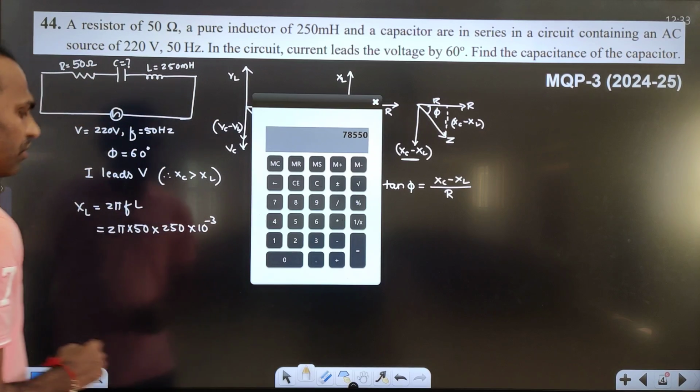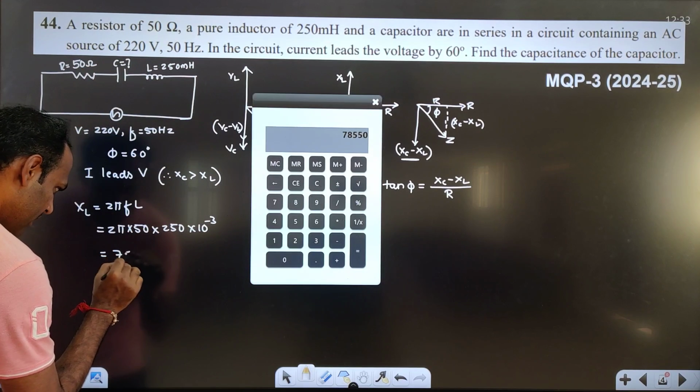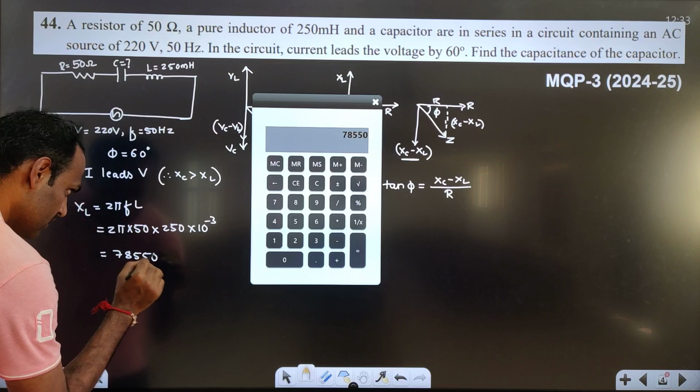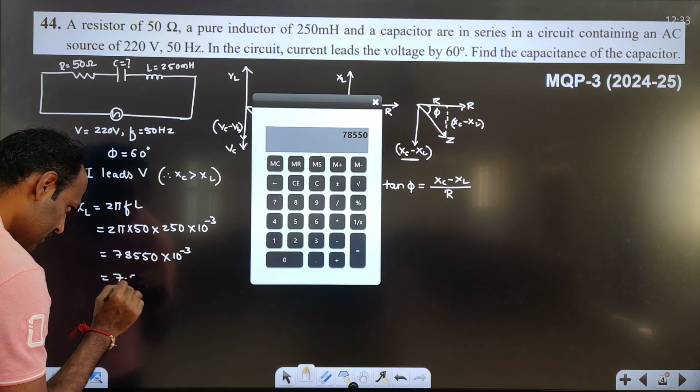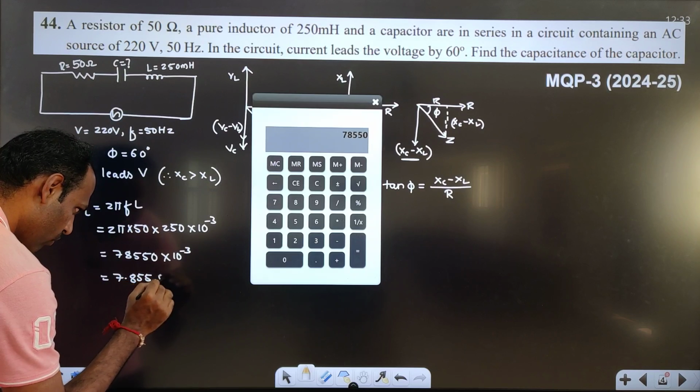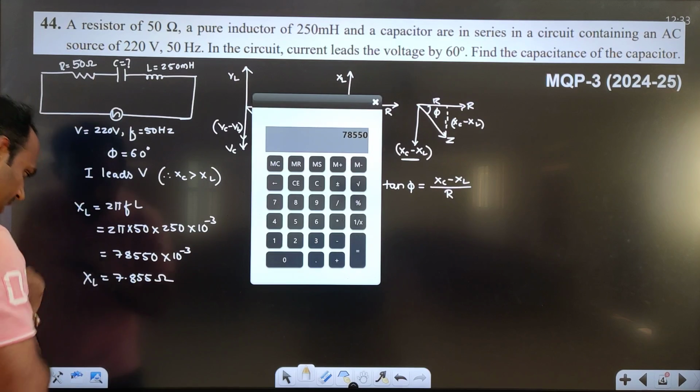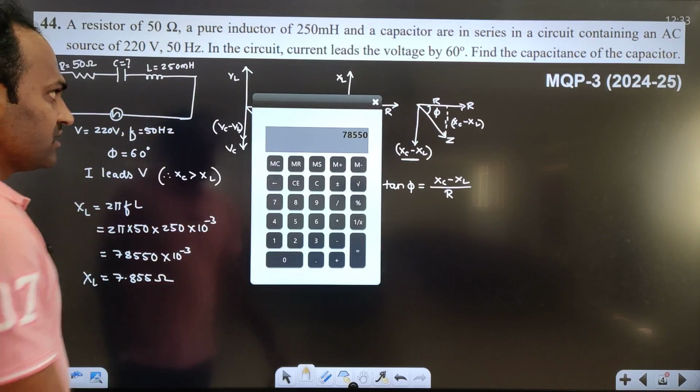So it is 78550 into 10 to the power minus 3, or I can simply write it as 7.855 ohm. So this much is the inductive reactance.